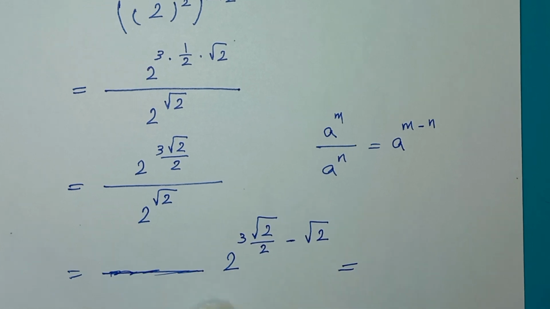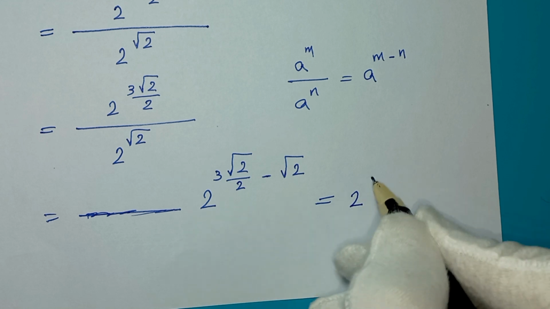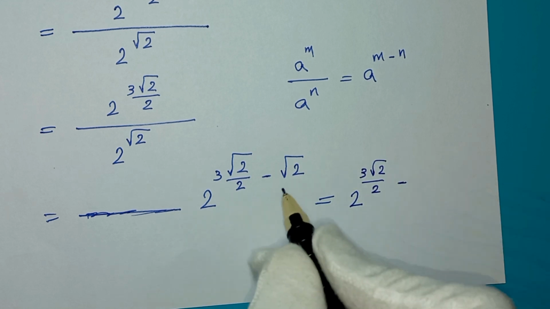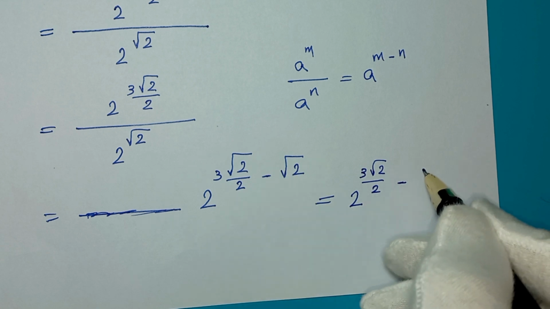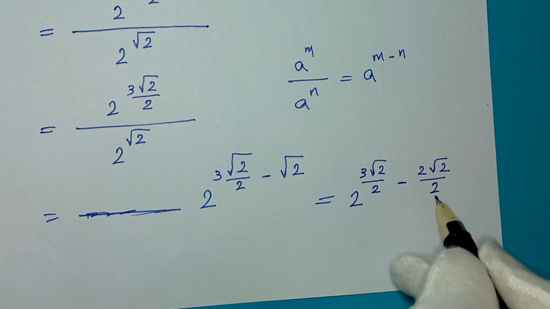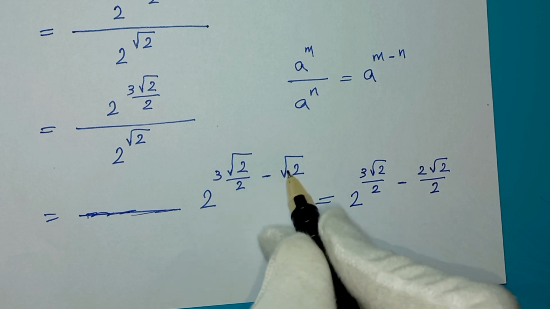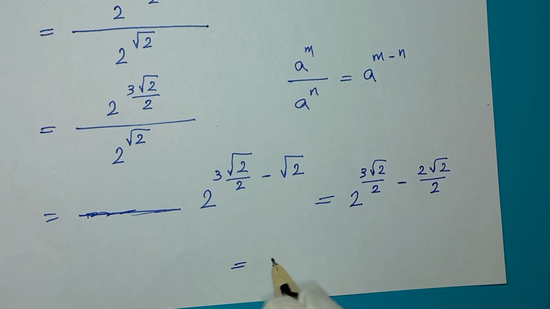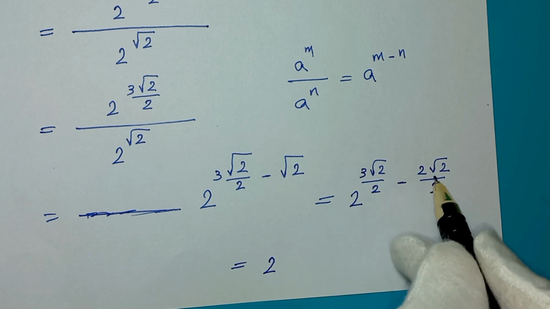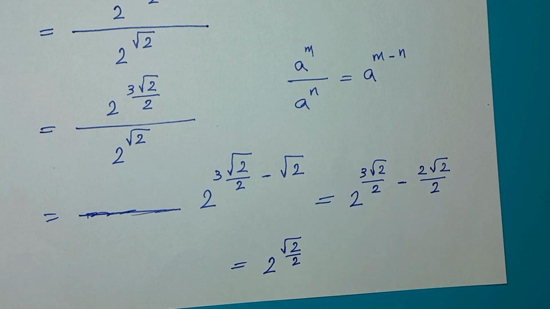And this is equal to 2 to the power of 3 square root of 2 over 2 minus, we can write square root of 2 like 2 times square root of 2 over 2. This is also a square root of 2. These 2 we can cancel, and it will be square root of 2. And it will be 2 to the power of 3 square root of 2 minus 2 square root of 2 is the square root of 2 over 2.